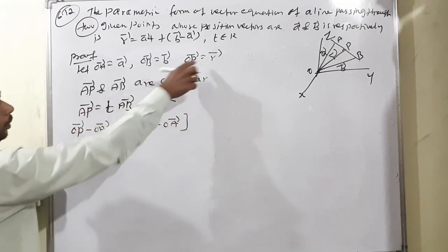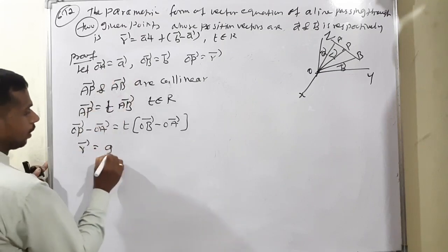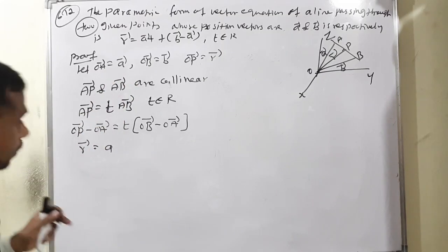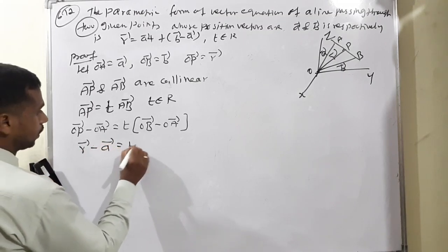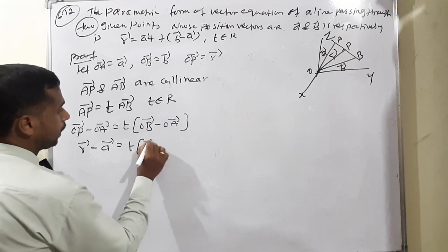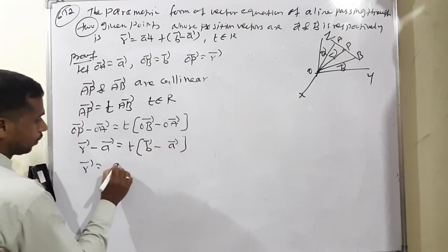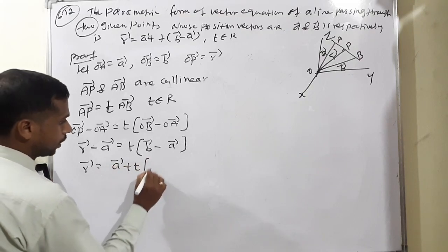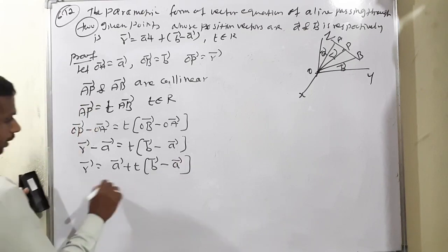OP vector is R vector, OA is A vector. So R vector minus A vector is equal to T into B vector minus A vector. Therefore, R vector is equal to A vector plus T into B vector minus A vector, which is the vector equation.